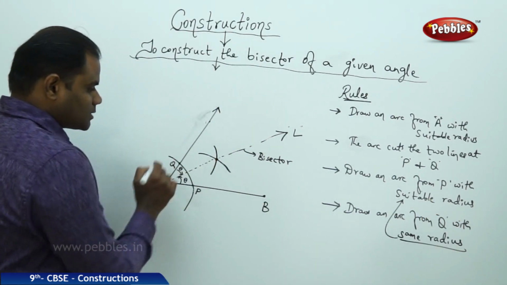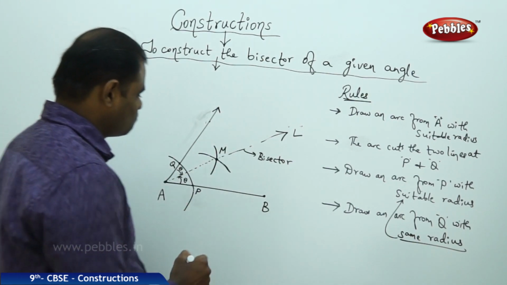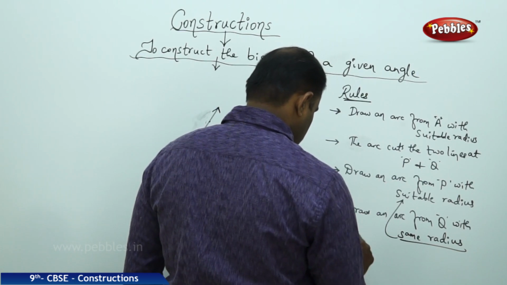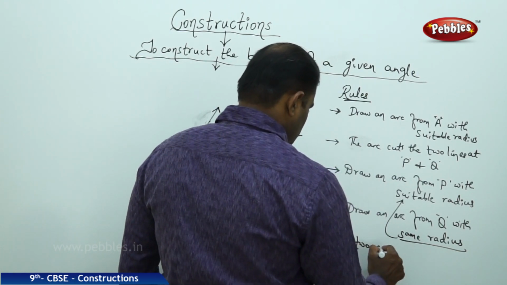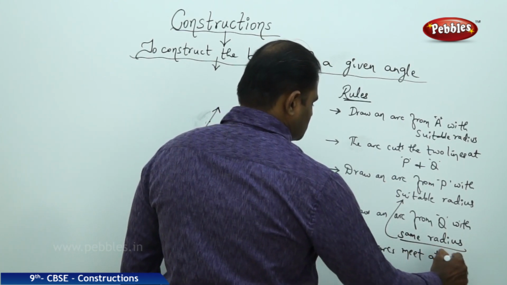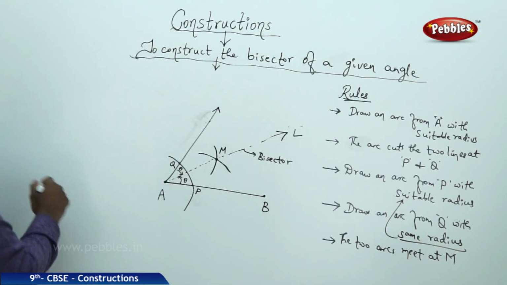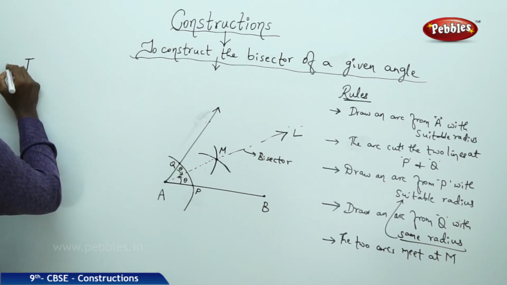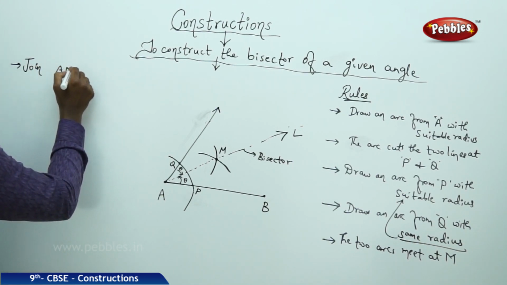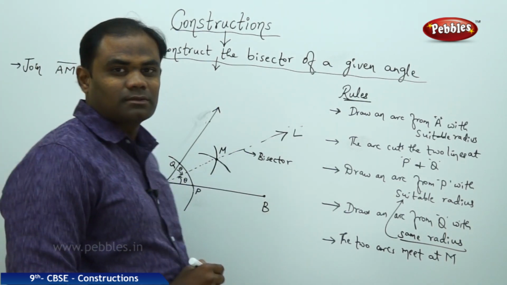So therefore the two arcs meet at M. The two arcs meet at the point M, and then the next step is to join AM and extend.